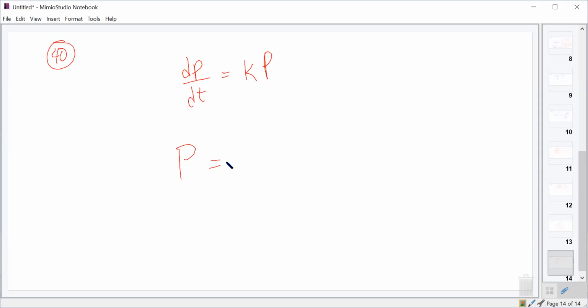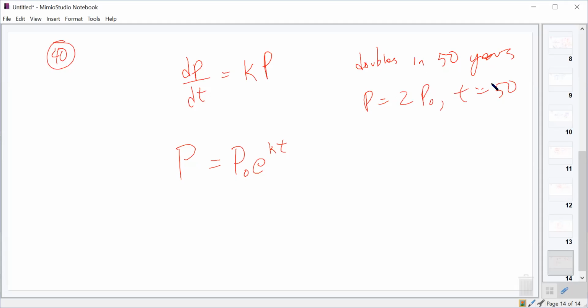We talked about this. What is the solution to this differential equation? It's the population at any given time is equal to the initial population times e to the kt. So if the population doubles in 50 years, that means that P is 2 times P naught when t is 50.